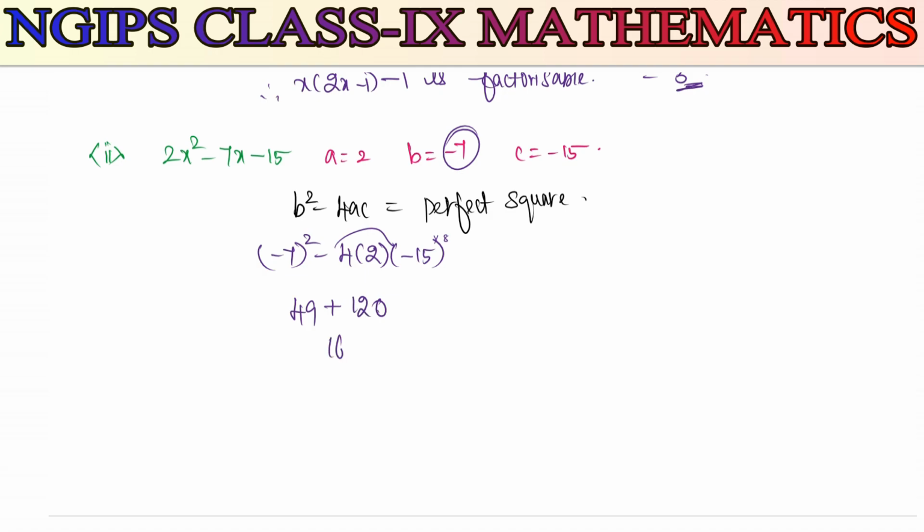So when you add, 169. 169 is also a perfect square, because 13 square the value is 169. Therefore 2x square minus 7x minus 15 is factorizable.